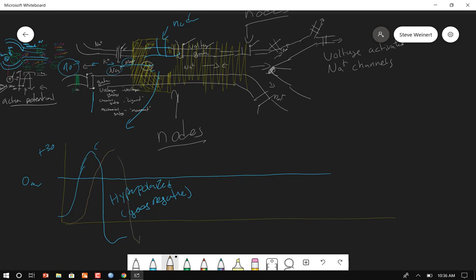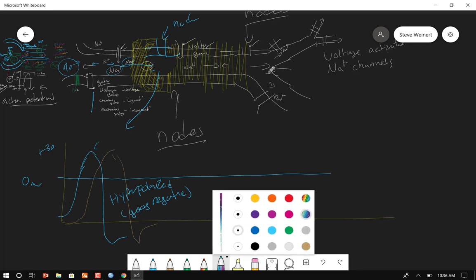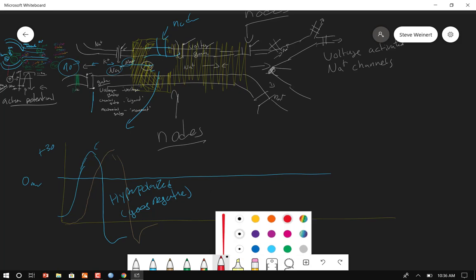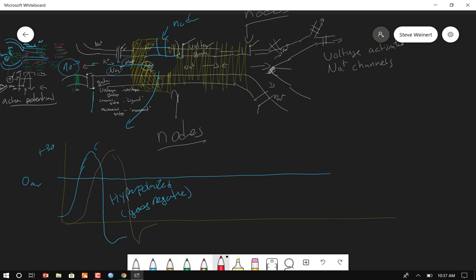And then it's going to rebound. I'm going to change this one to red. The red doesn't work very well, but whatever.